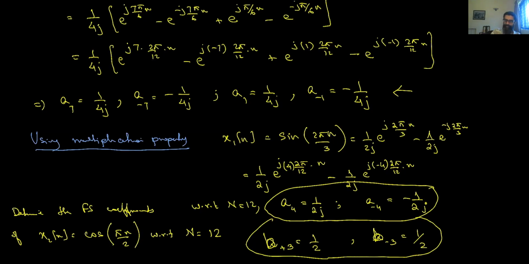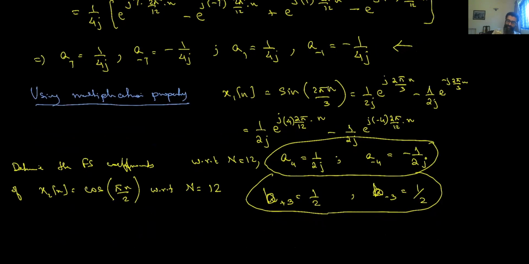So this is 2 pi by 12, and what do I multiply it by so that I get pi by 2? So this must be 3. So that's how I figured it out.